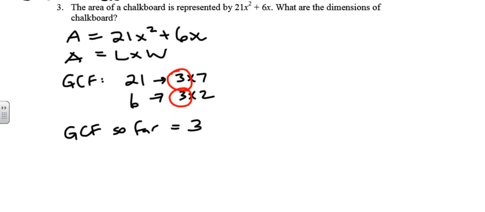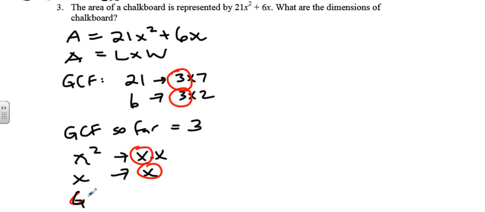But let's see, what about the letters? We've got x squared and we've got x. And so you've probably figured out by now that when you've got an x squared and an x, your common factor is x. So the GCF is equal to 3x.